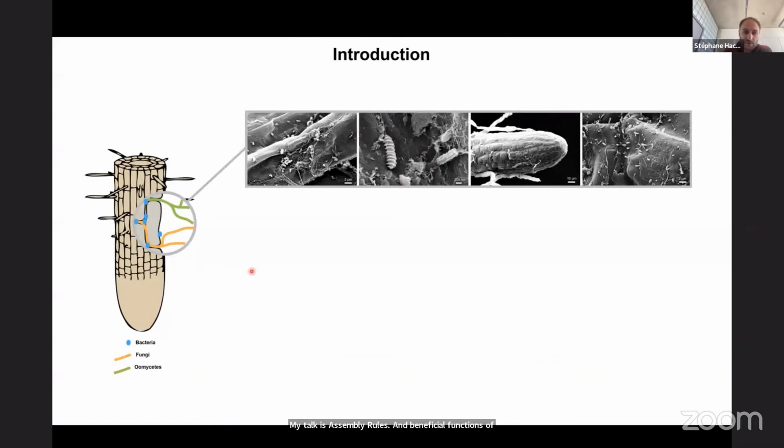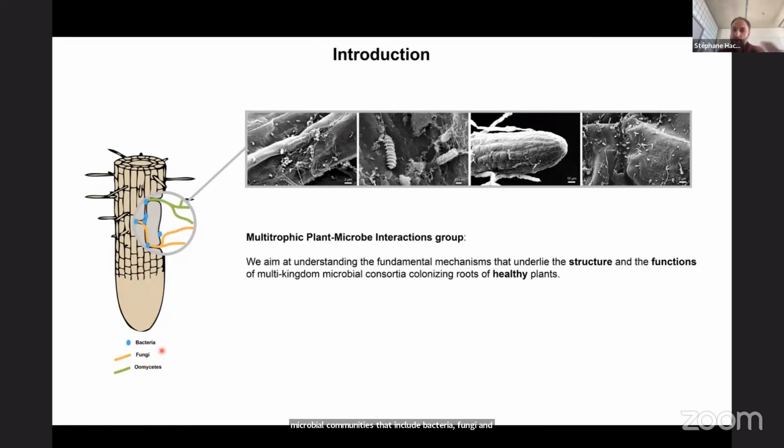So as you know, in nature, the roots of healthy plants are colonized by very complex multi-kingdom microbial communities that include bacteria, fungi, and oomycetes that evolved in different kingdoms of life. In my group, we aim at understanding the fundamental mechanisms that underlie not only the structure, but also the functions of these multi-kingdom microbial communities that colonize plant roots.